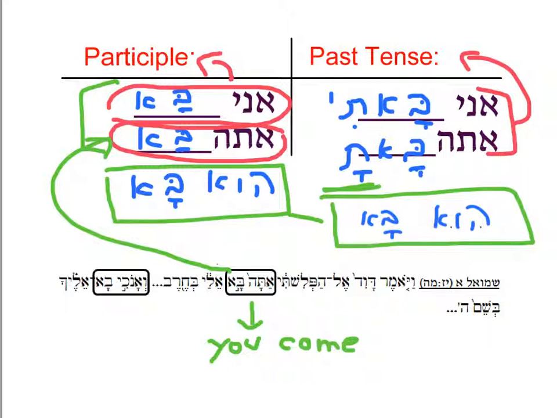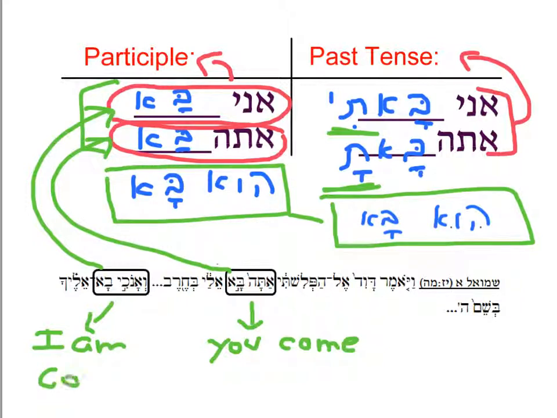Anochi ba. Again, is this past tense or a participle? Let me look at the chart above. Anochi ba would be a participle. Had it been past tense, it would be anochi ba ti. So I am coming, or I come.